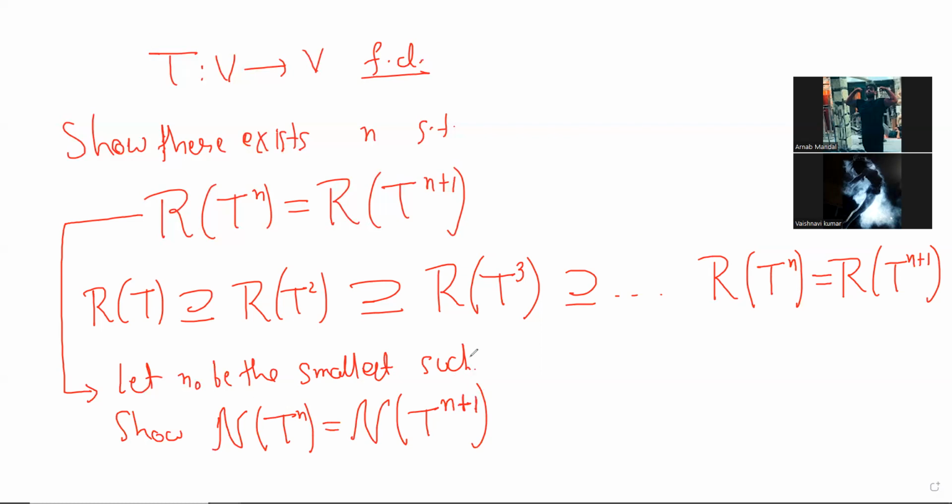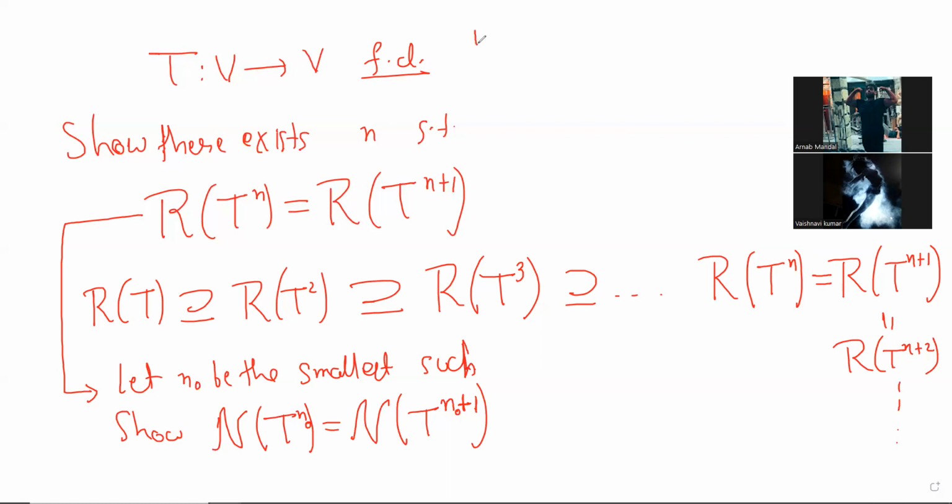Maybe n naught is the smallest such. Such means where it stops. And you know that once it stops, it stops. Is that also correct? Maybe it's not very obvious, but it's very interesting that it will keep decreasing, and if there is a point where it stops, then it will not decrease anymore.